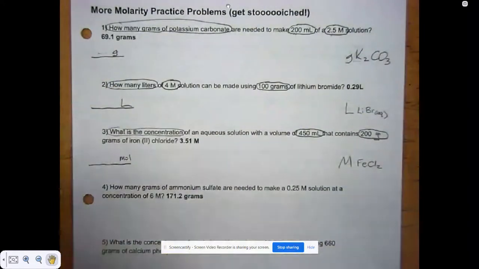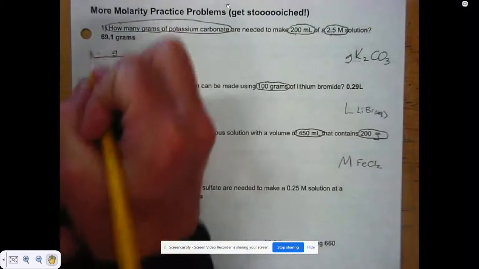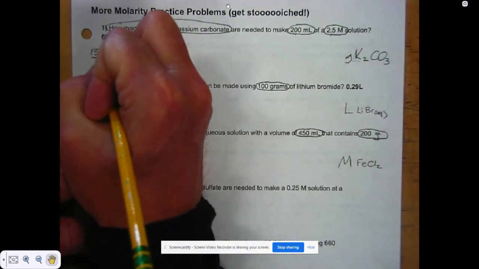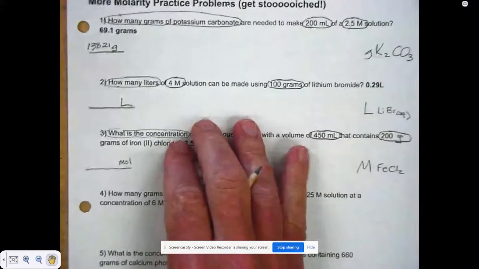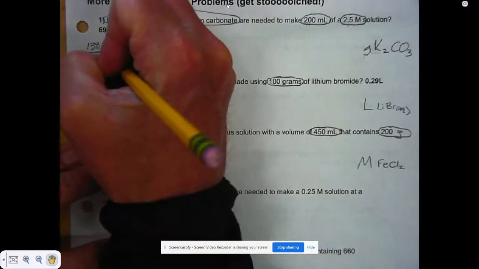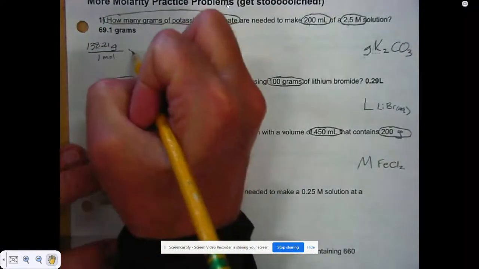And potassium carbonate is 138.21 grams. So I'm going to put it up here, 138.21 grams per what? Per 1 mole. That's right, buddies. Per 1 mole. Nice.